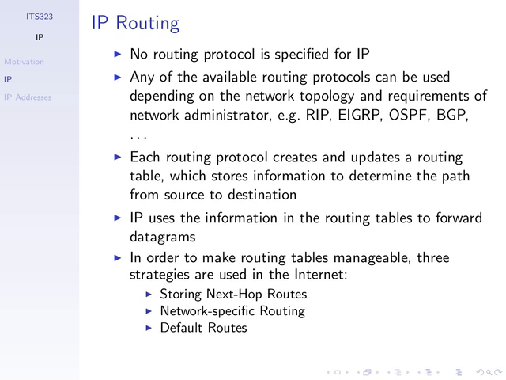To reach H10, send to R2. To reach H11, send to R2. To reach H12, send to R2. To reach H13, send to R2. H14, R2. To reach host 100, send to R2, and so on. The more hosts, the more individual entries we would need in our routing table.